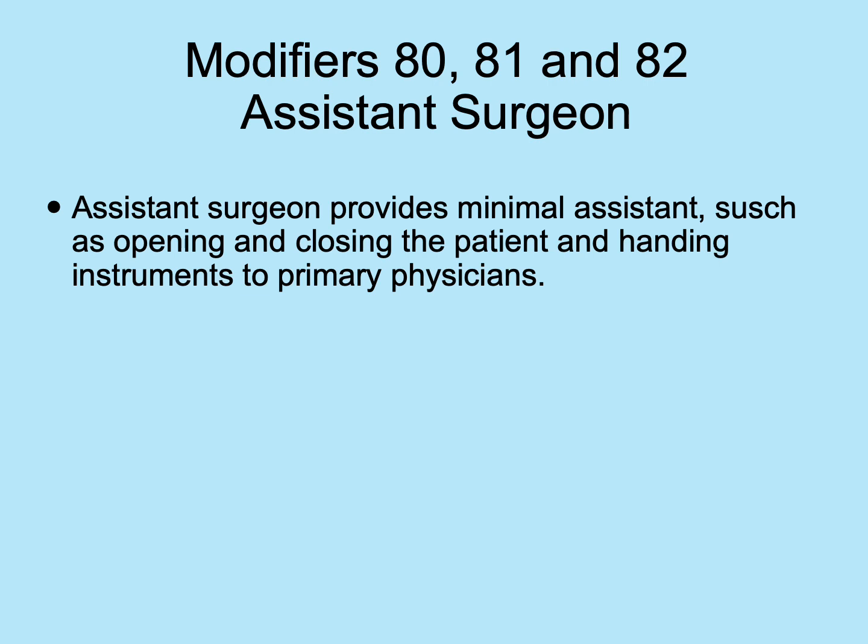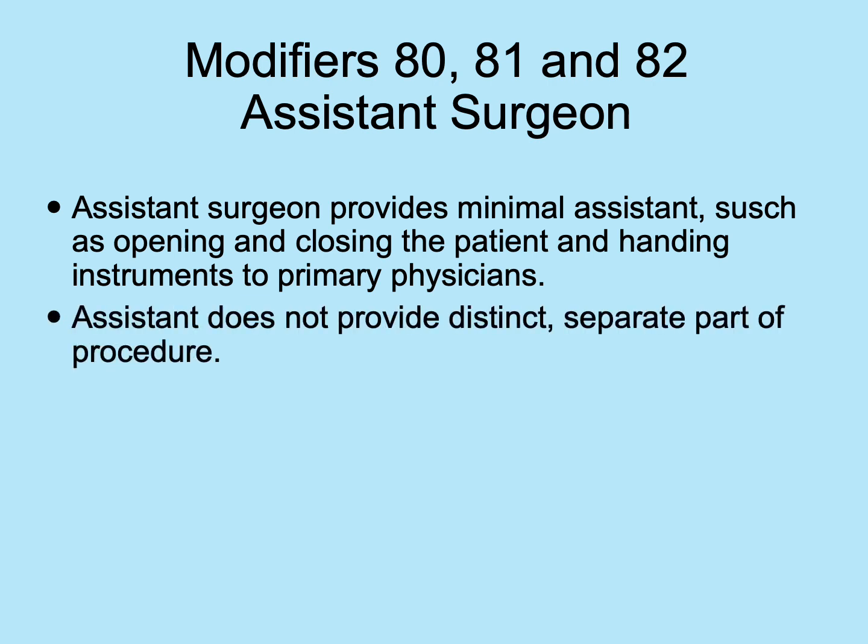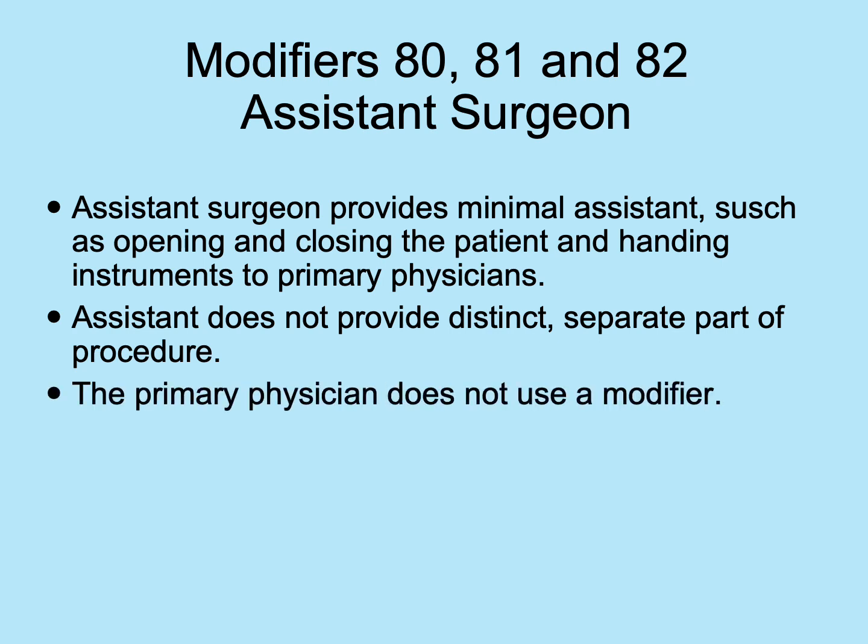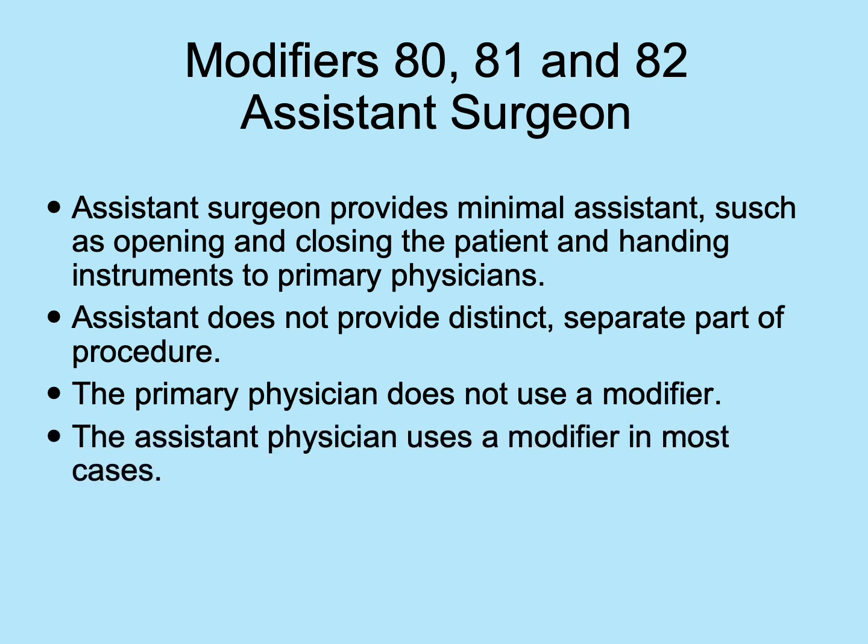They're not doing part of the CPT code, they're helpers. They don't provide a distinct separate part of the procedure, as in the ones we just talked about. The primary physician does not use a modifier. The assistant physician uses a modifier in most cases. So the primary physician is not adding a modifier, only the assistant is using a modifier.